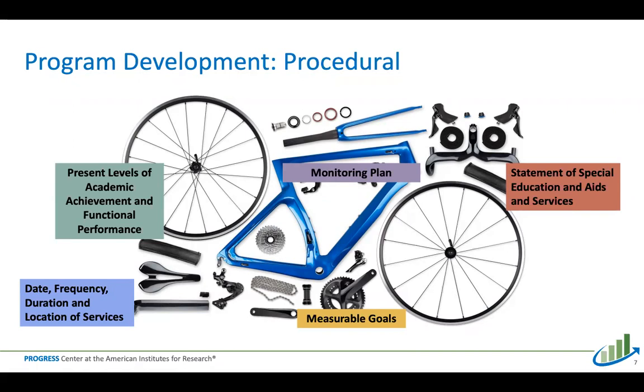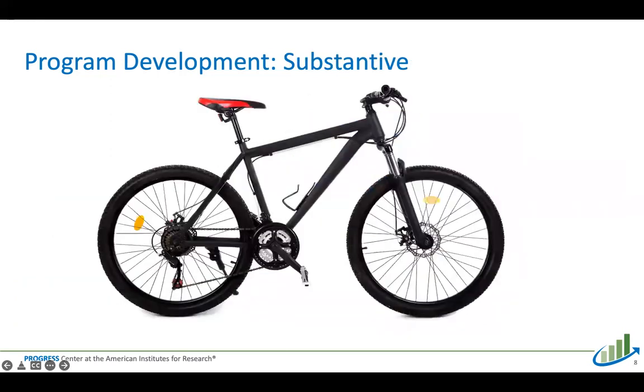But focusing on completing sections and viewing the IEP as paperwork, as so often is the case, places compliance as the end result. That's the procedural. But what makes this bike function is when all its parts work together, or are aligned in a way that will move us toward progress. And that's what we think of as the substantive requirements.